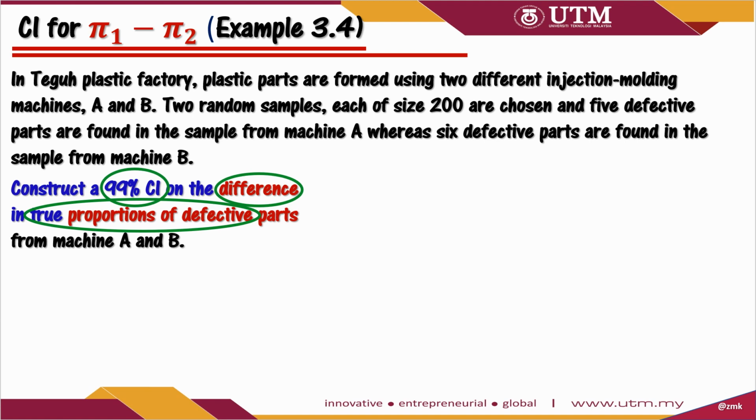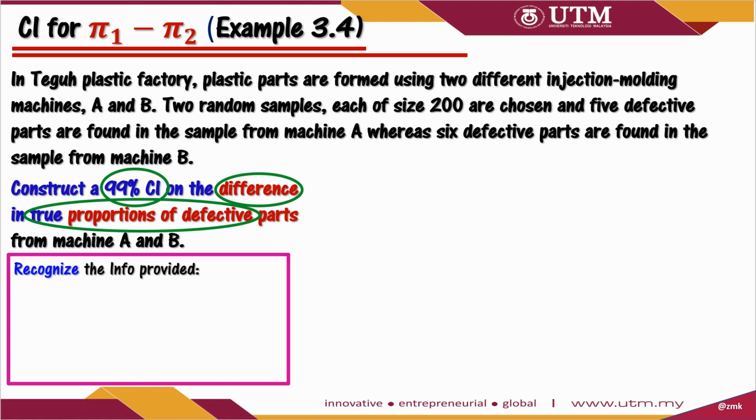This time, the proportions we are interested in are the proportions of failures instead of proportions of successes. Again, before answering the question, you should be able to identify or recognize the information provided in the question and write the information using standard and correct notations.